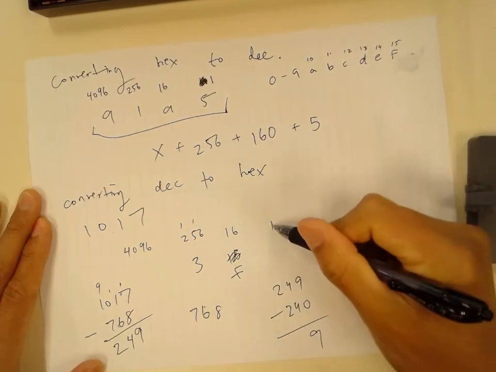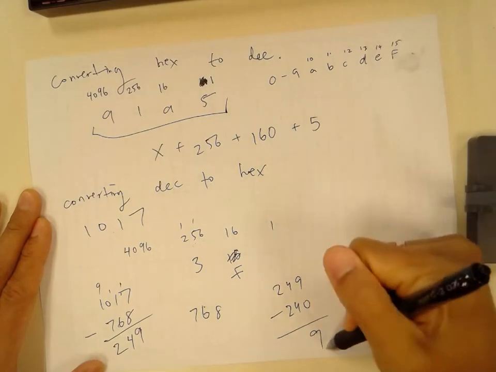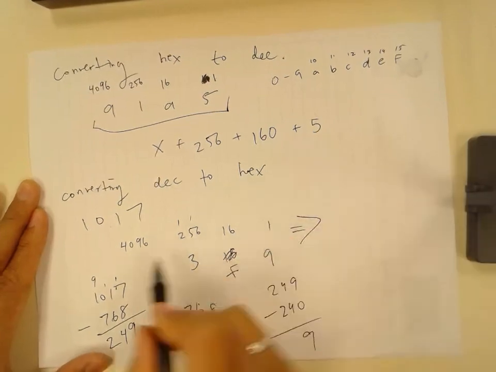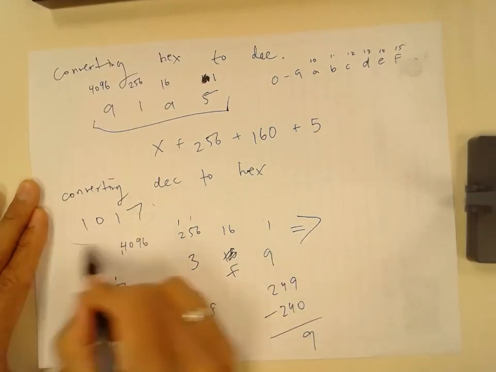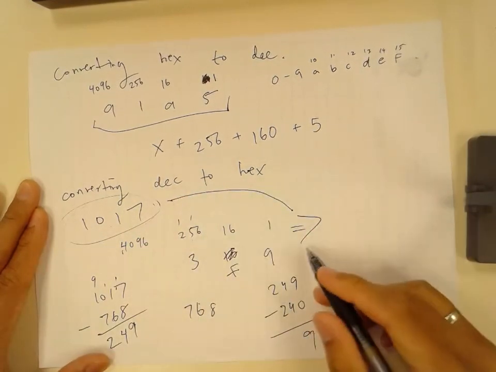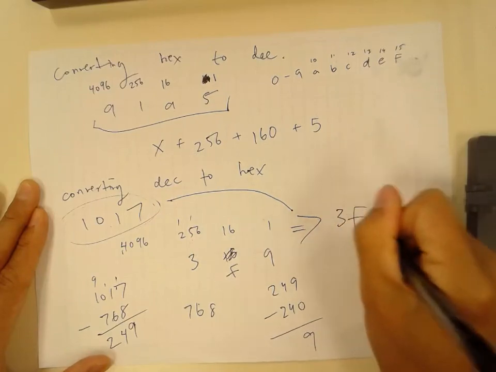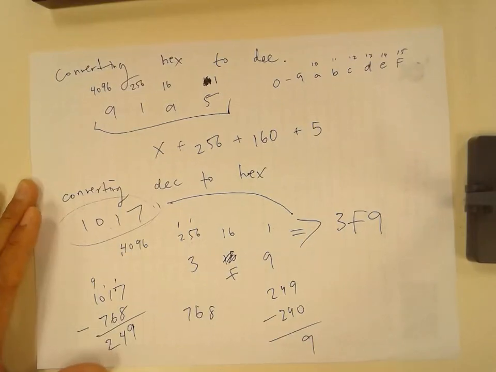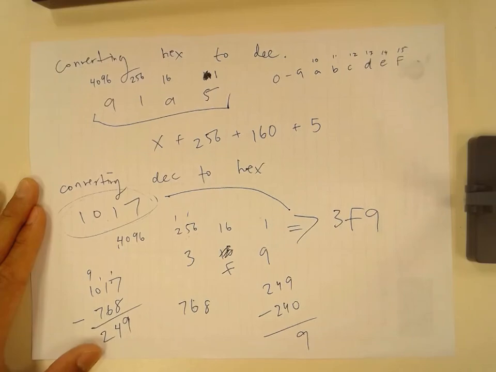And then you want to think, what do I need to multiply this number here by to get 9? And that is 9, right? So this decimal number here, if I wanted to convert it into hexadecimal, would be 3F9. Okay. So that is decimal to hexadecimal.